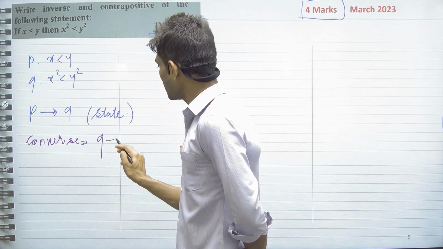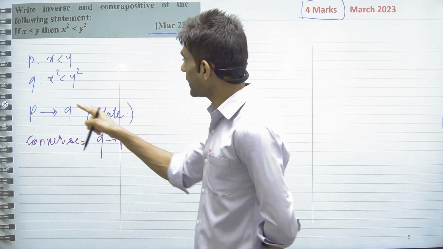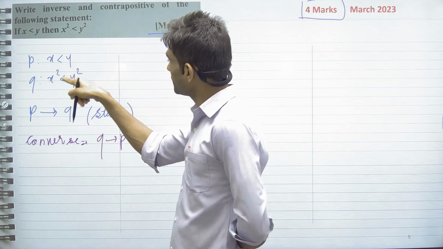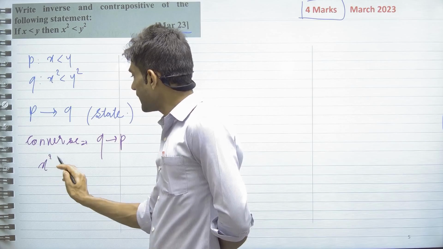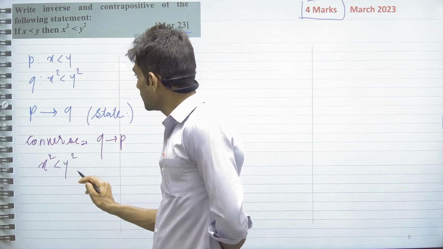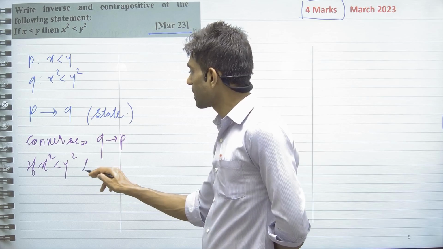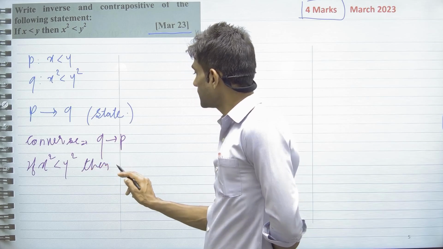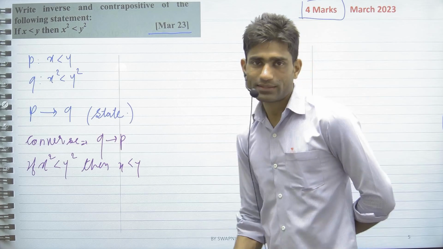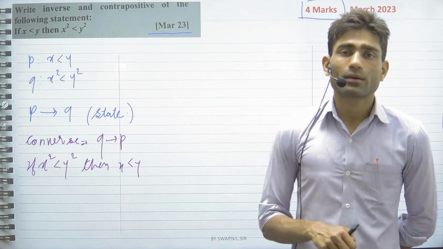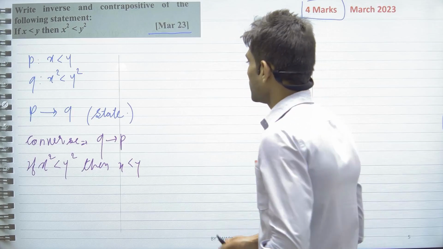Q implies P is the converse of our statement. That means statement P: x strictly less than y, then x square strictly less than y square; the converse gives us: if x square strictly less than y square, then x strictly less than y. Now see how easy the solution is. We just need to apply the definitions of converse, inverse and contrapositive. Okay, let's move to the next.